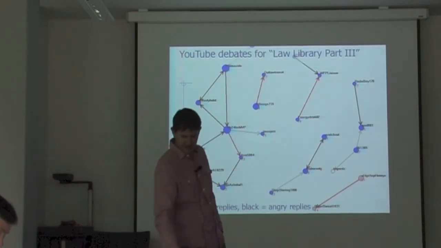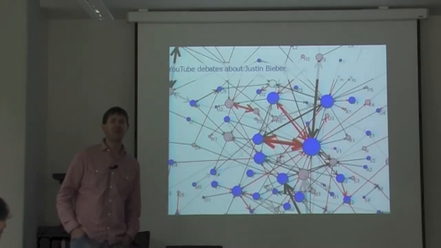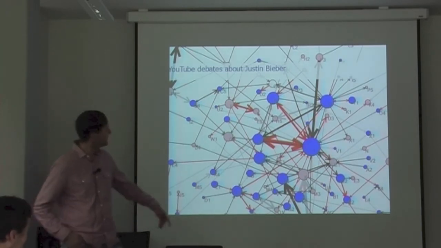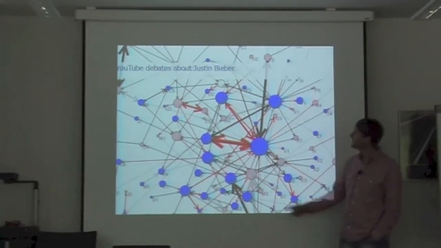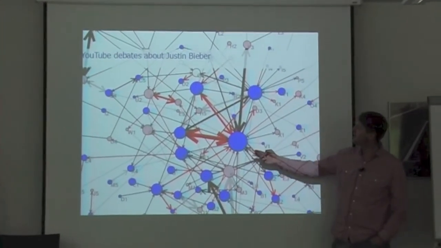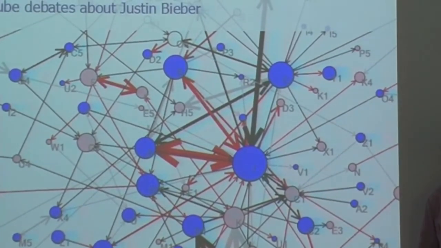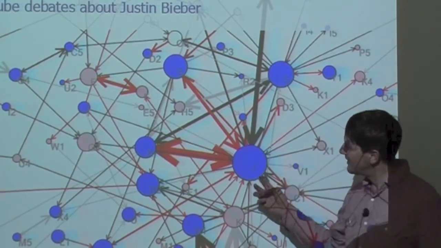The exception to that is Justin Bieber. This was the network for one of Justin Bieber's videos, and there were people leaving huge numbers of comments. The size of the circle is proportional to the number of comments a person makes. This is actually color-coded for gender.